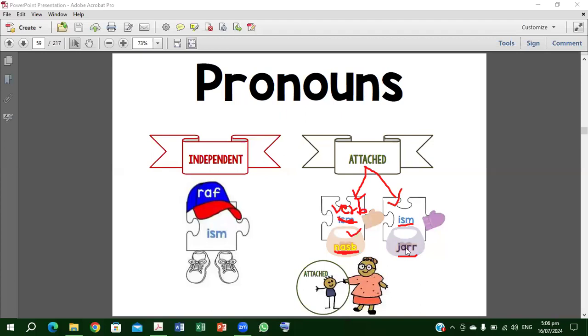So independent pronouns are always in the status of rafa. Attached pronouns can be attached to a verb or to an ism. If they are attached to an ism, they are in the status of jar. If they are attached to a verb, they are in the status of nasab.